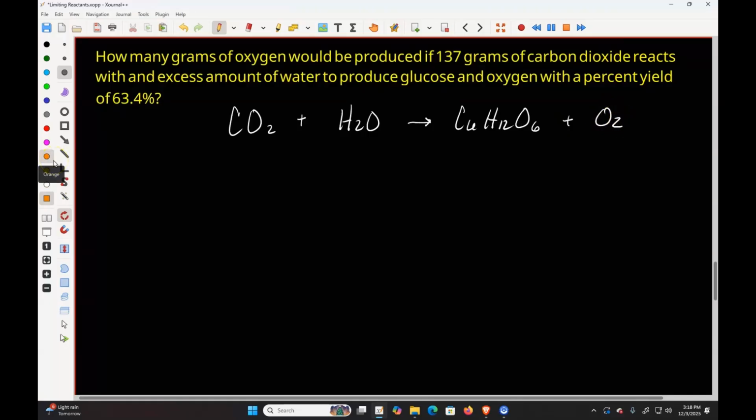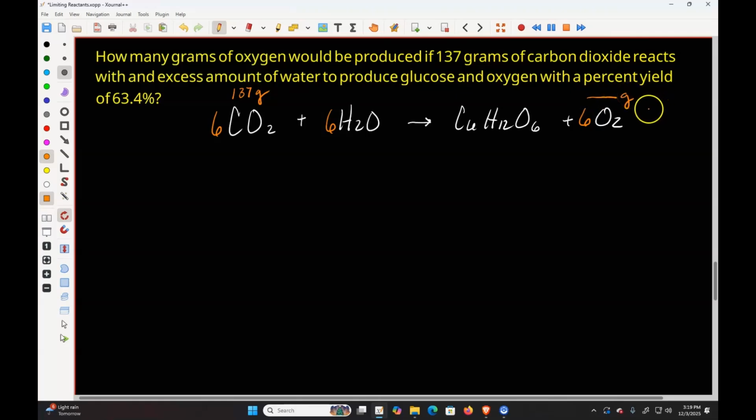Okay, let's balance the equation. So I'll need 6, 6, and 6. Let's label what we're given. I'm given 137 grams of CO2. And I'm looking for grams of oxygen.